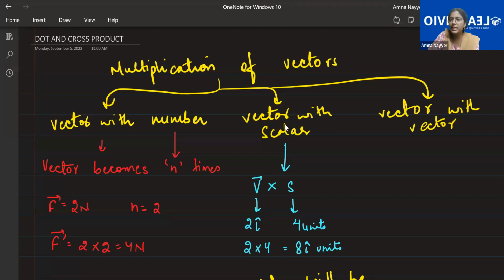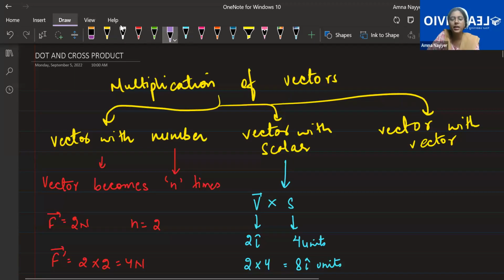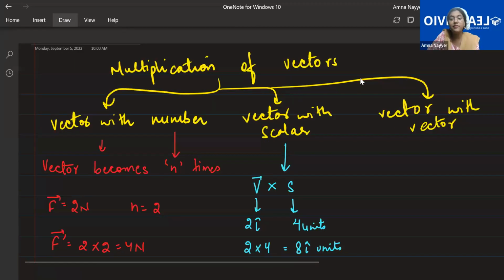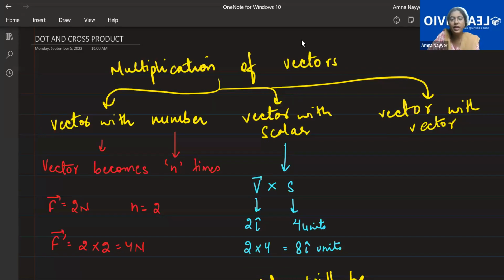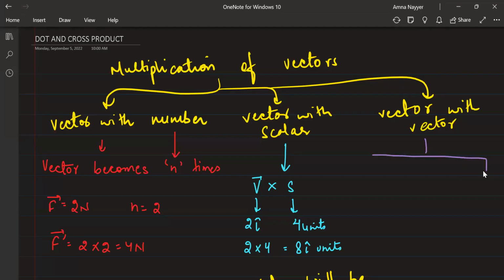So these two topics need not require any proper classes. This is a simple multiplication, and you'll all be able to do it. Problem comes when you multiply a vector with a vector quantity. How does it affect it? This completely depends on what the resultant is.